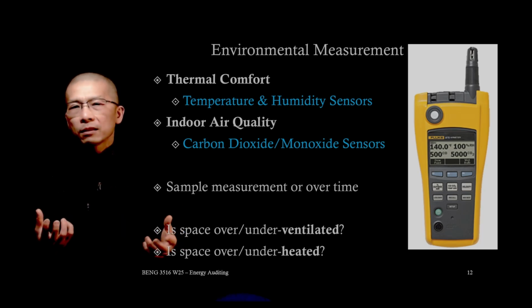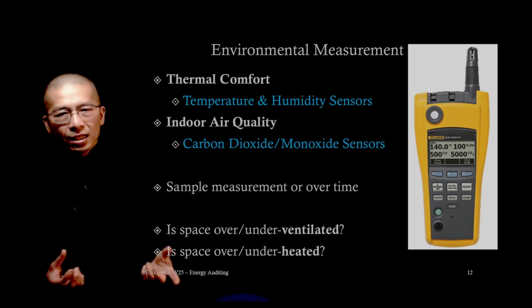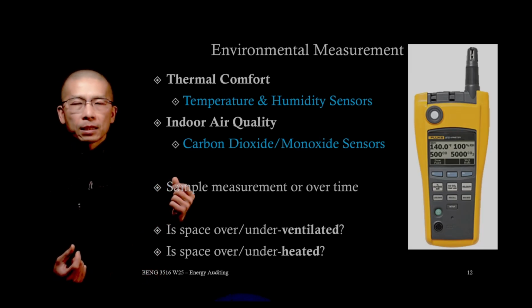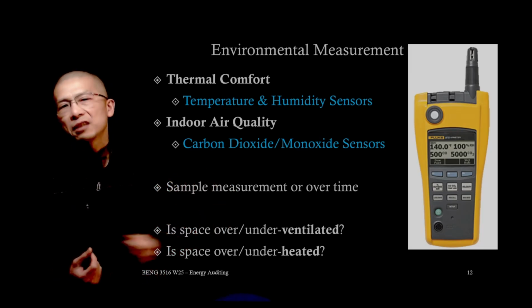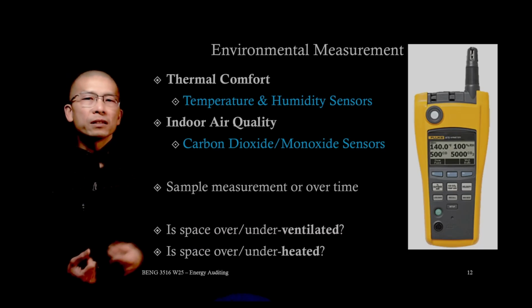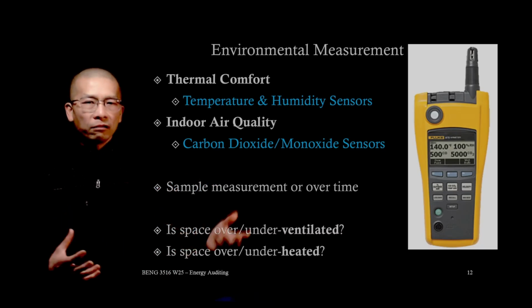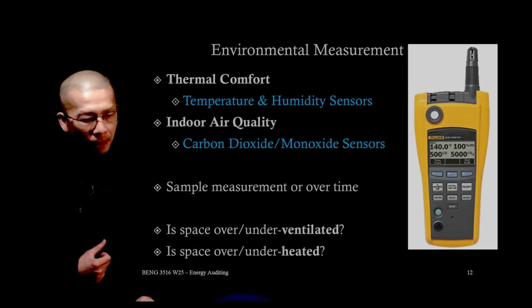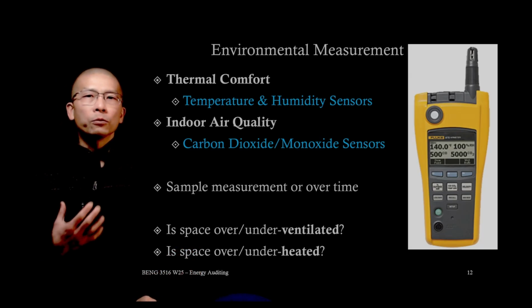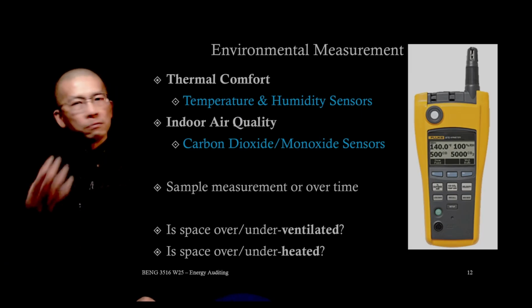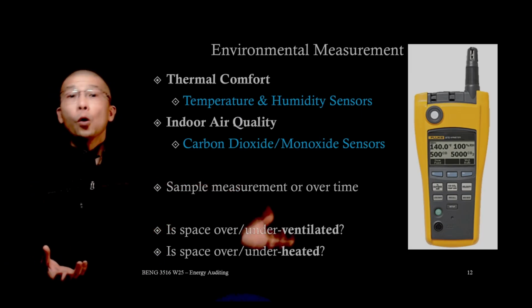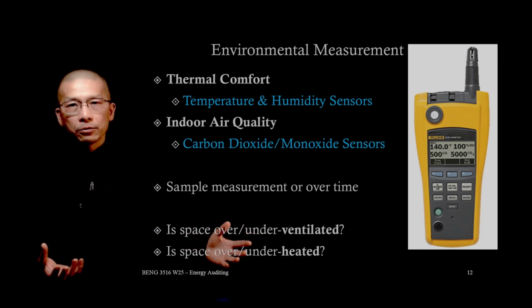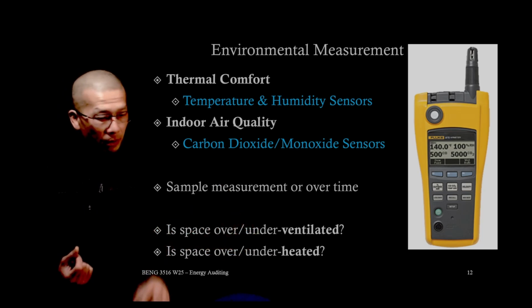Temperature alone does not define comfort. Humidity and ventilation matter too. The psychrometer and CO2 sensors help determine if the space is, say, under or over conditioned. Okay. Under conditioned, we sacrifice thermal comfort and indoor air quality. Over conditioned, we waste unnecessary energy, right?